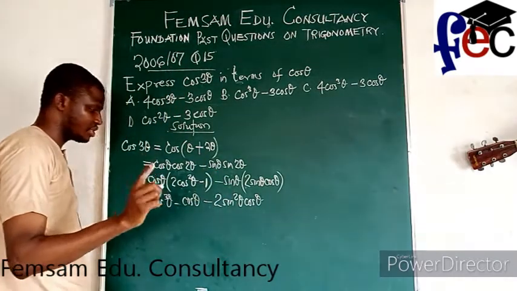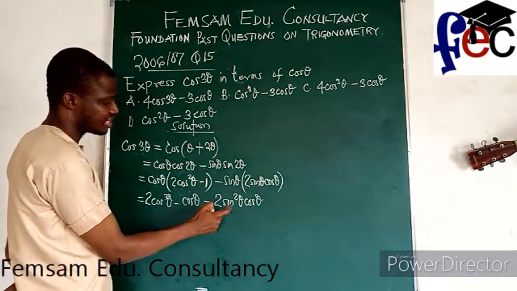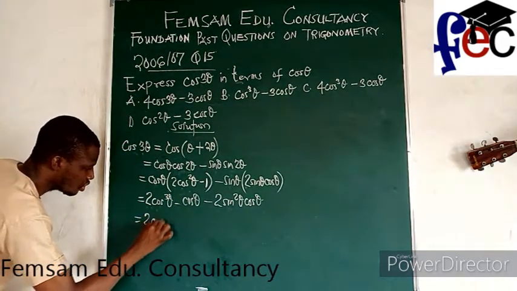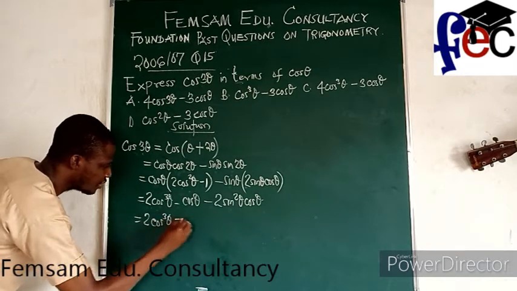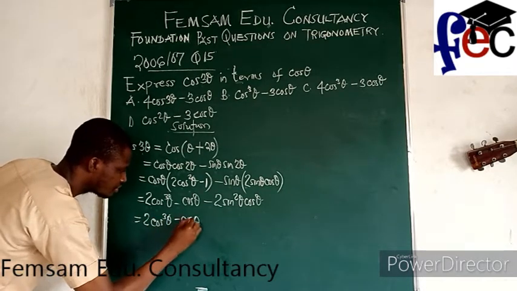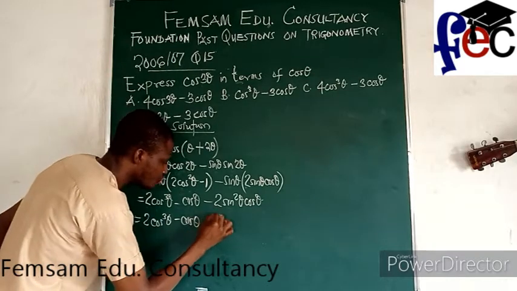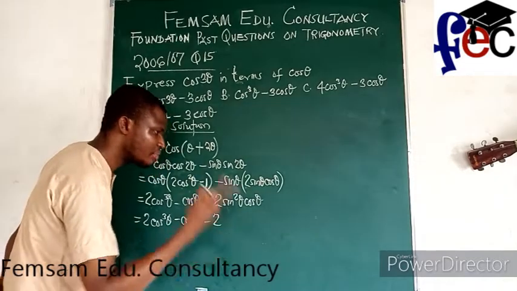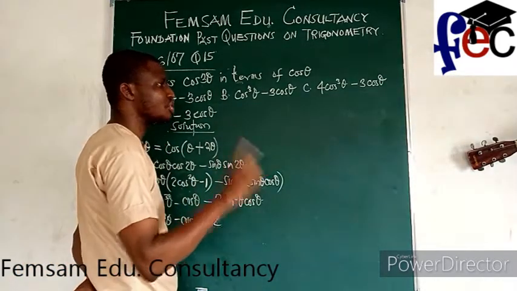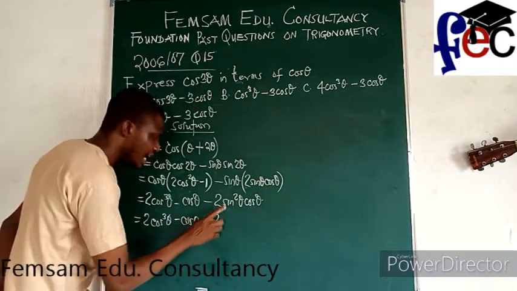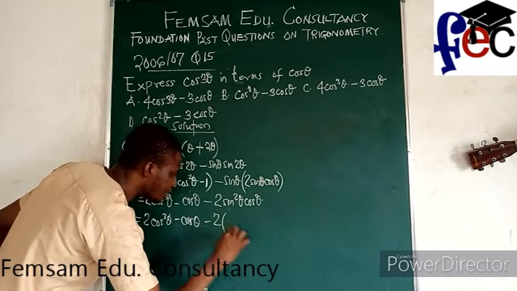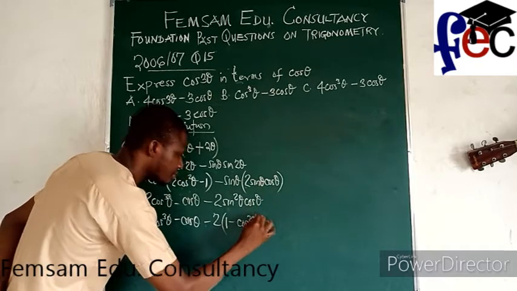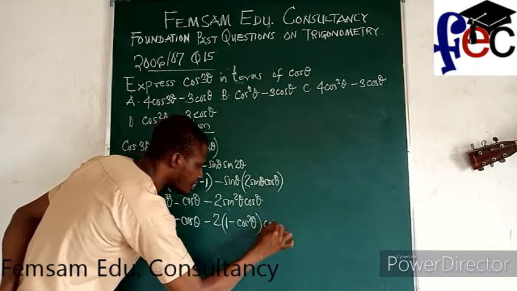The next one I need to tamper with is this sin square theta. So I can rewrite this as 2 cos cube theta minus cos theta minus 2. This sin square theta I can use from the illustration of trigonometric identity. I do know that sin square theta is the same thing as 1 minus cos square theta. Then this cos theta, this is it.